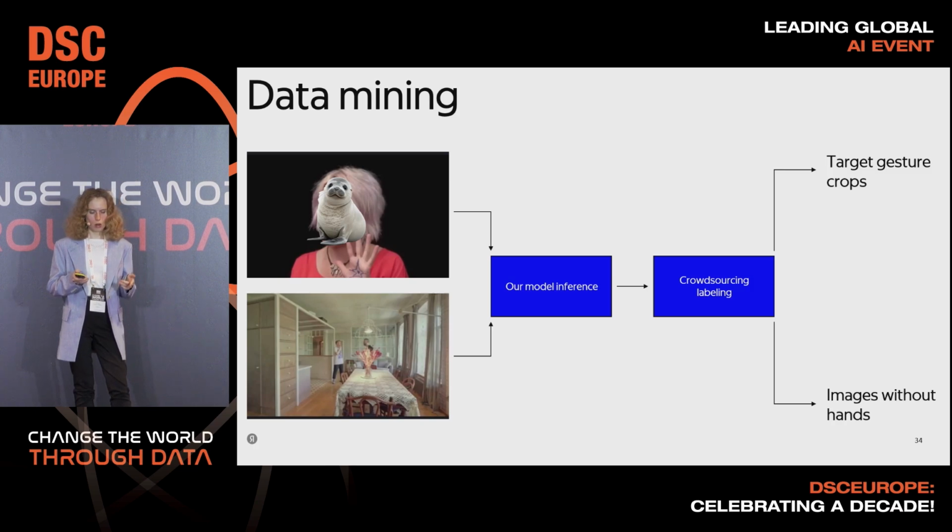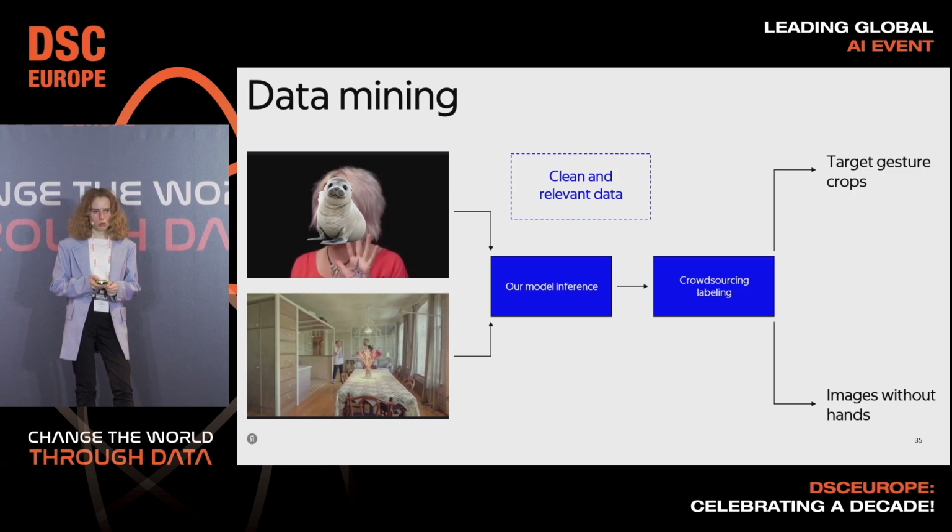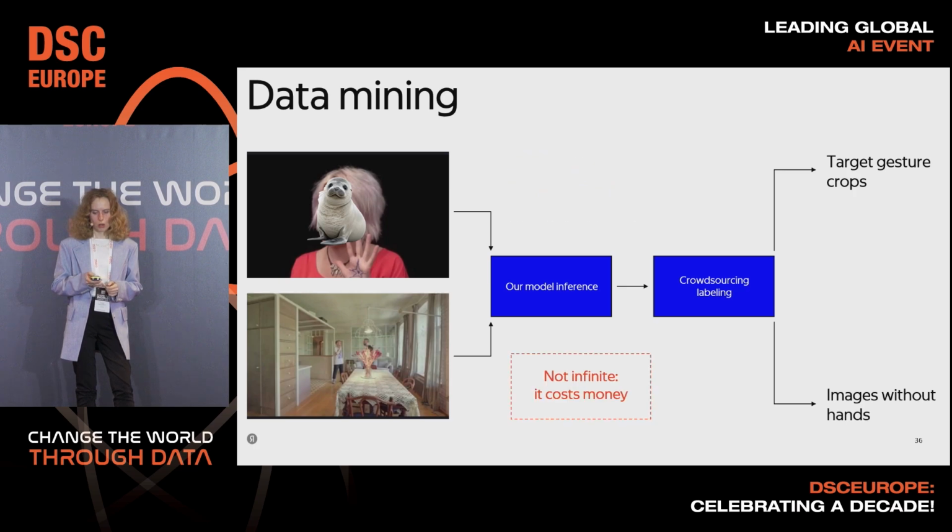And also, are the gestures predicted correctly on these photos? So we got this classification labeling, and it was much cleaner compared to the previous data, and it was relevant to our task. But this data was not infinite. It cost money because it was, again, cheaper labeling, but it cost money anyway.